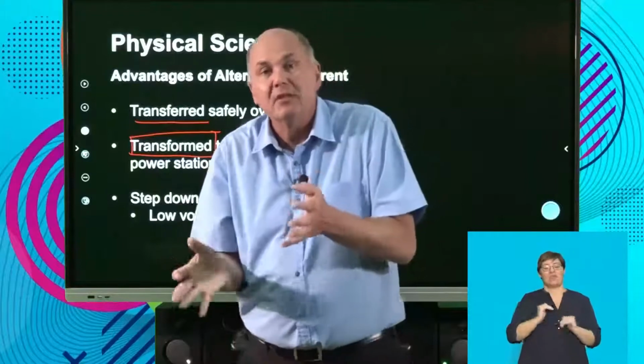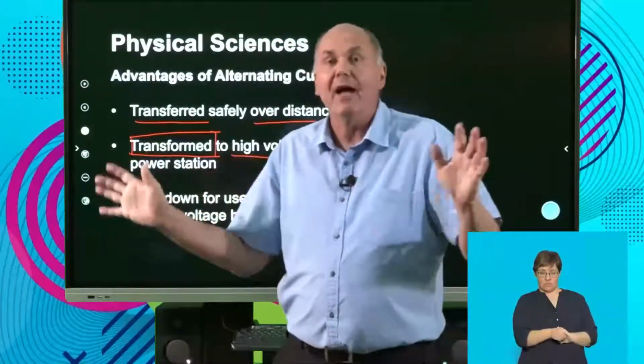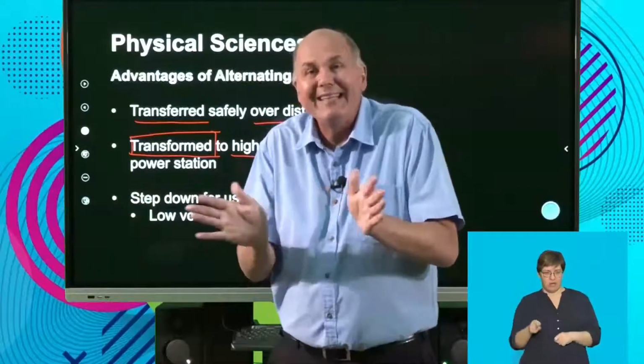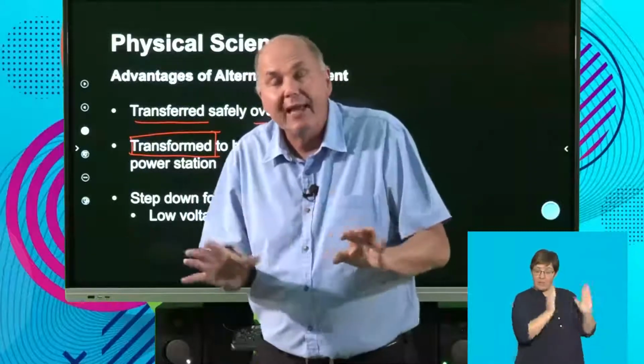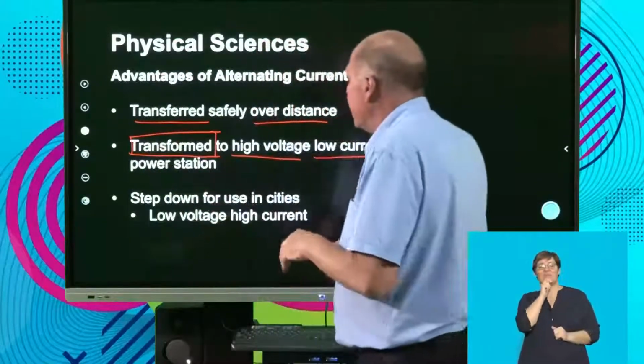Now, when you come to the city and you've got lots of houses, we can divide the current to make it smaller. So every house is in parallel with the house next door. The potential difference is the same. So we can use a low potential difference, high current, and split the current into all the dwelling places, and in that way, we're able to use it safely.